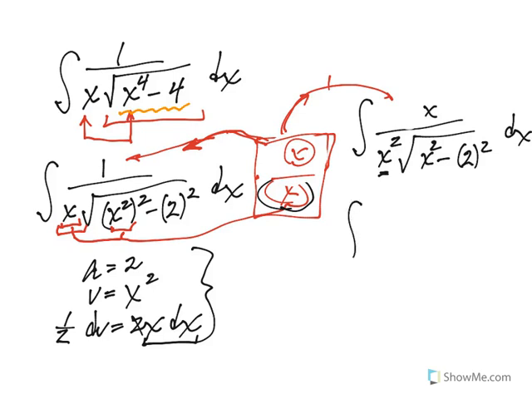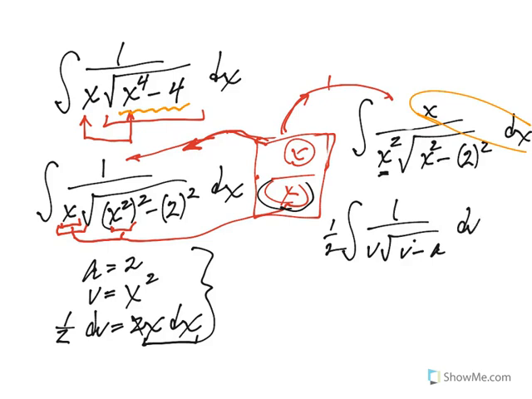I can do it now. So this gives me the integral of 1 over u times the square root of u squared minus a squared, and then my x dx comes out, this right here, and I put in 1/2 du.